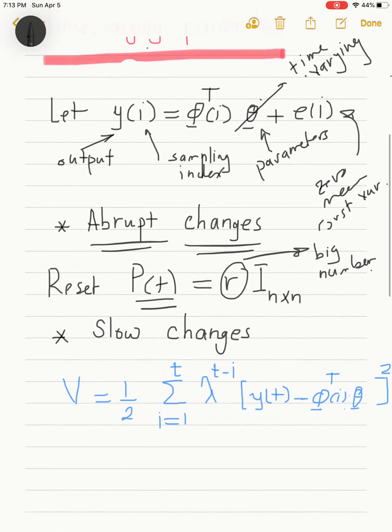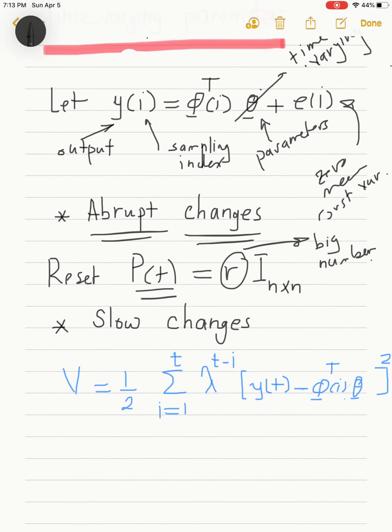This is one case. The other case is when the parameters vary slowly. In that case, we modify the index that we are minimizing to calculate the value of the estimated parameter. We have added here a factor lambda. We call lambda forgetting factor. We'll see why it's called forgetting factor.